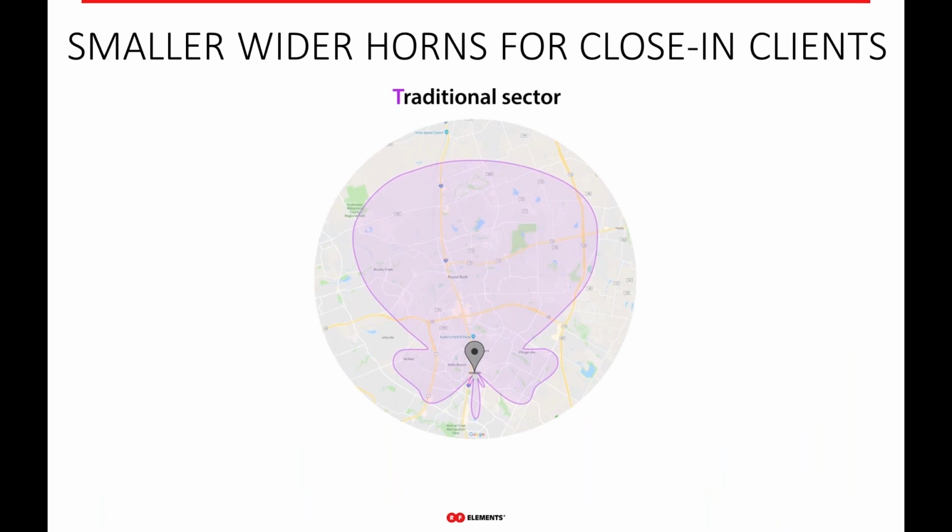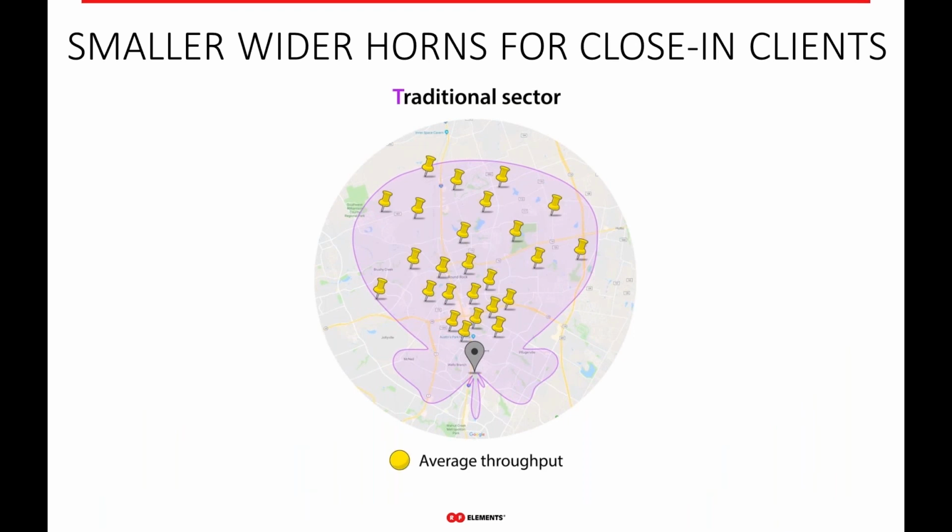Using a smaller, wider horn for close-in customers. Perhaps you're covering a rural area, so you think you need a traditional sector to cover this wide angle and long distance, but maybe in the center of town you have a high density of customers on this particular AP.